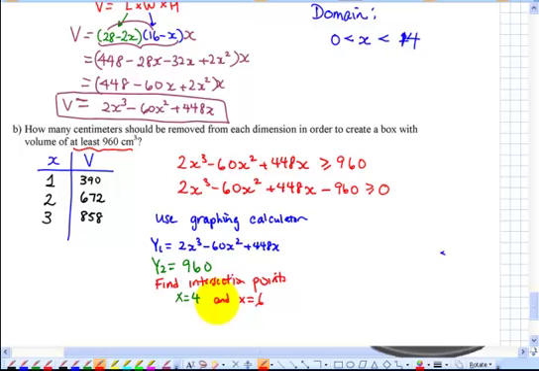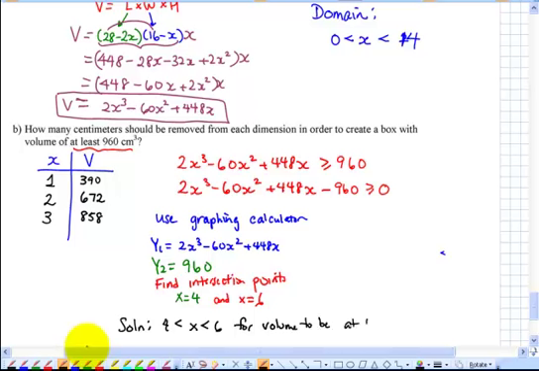So if I wanted to figure out where it is at least 960, well, the solution here must be x is bigger than 4 and less than 6 for the volume to be at least 960. And we can just do a quick sketch too.